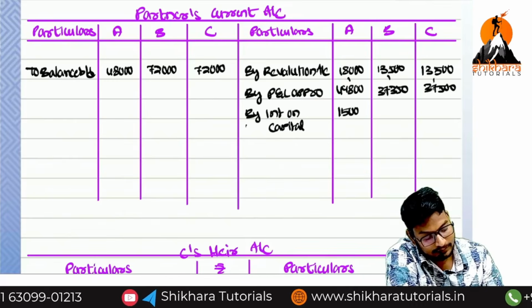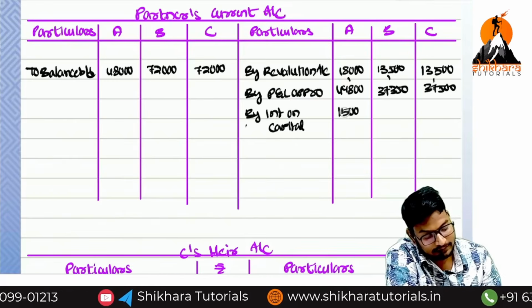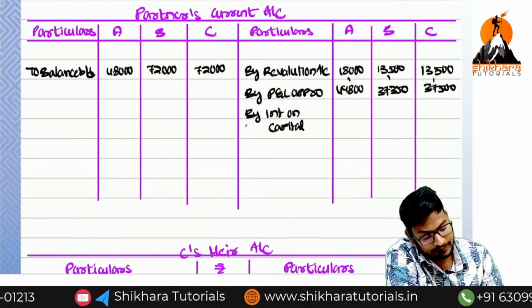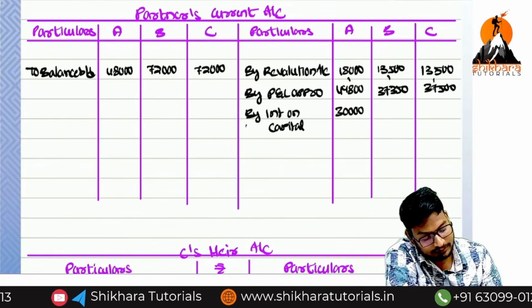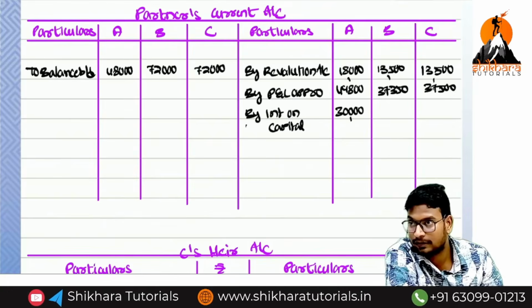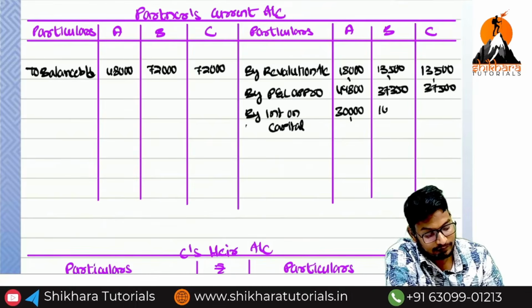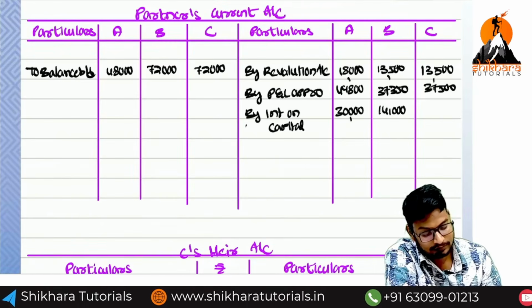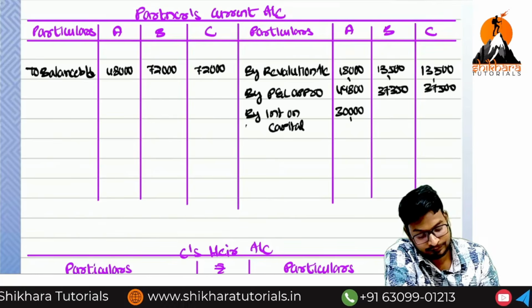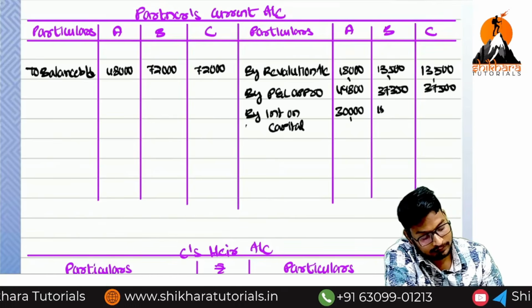The three amounts: 15,000. Can you say the total amount here? 15 plus 15, how much? 30,000. And next 7,500 plus 7,500 is 15,000.